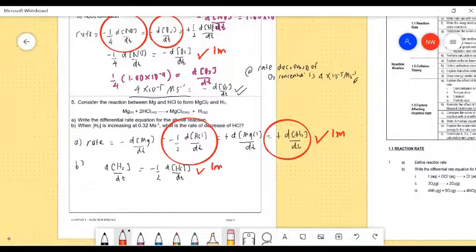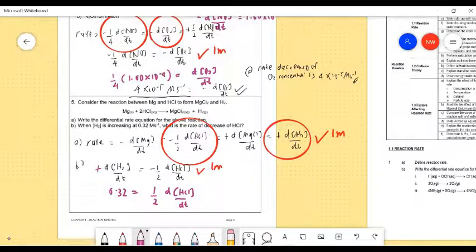Dapat 1 mark dekat situ. dH2 over dt dia dah bagi pada you. So, dH2 over dt nilainya adalah, oh sorry, I lupa nak tak positif. Positif kat sini. So, nilainya adalah 0.32 equal to setengah darab dengan dHCl over dt.